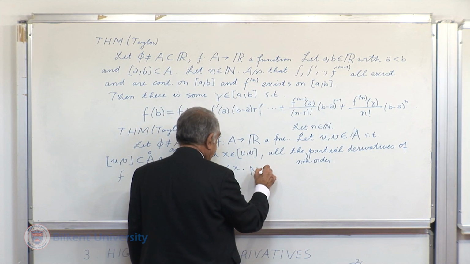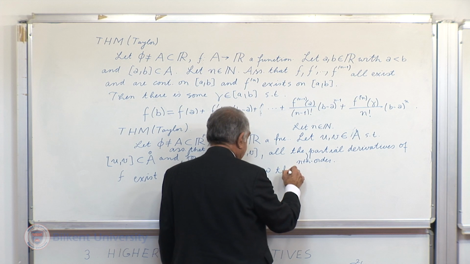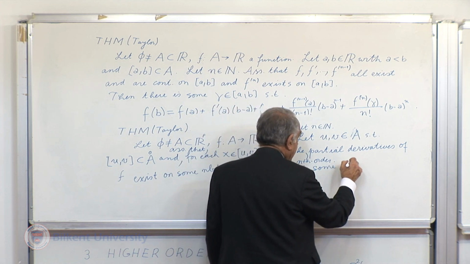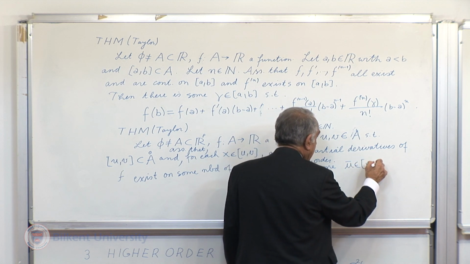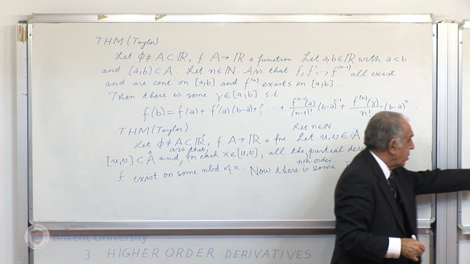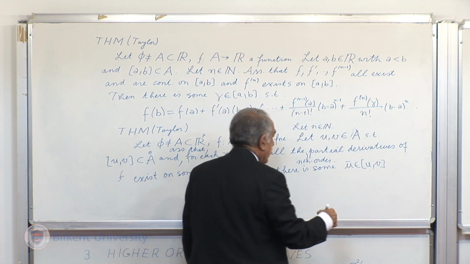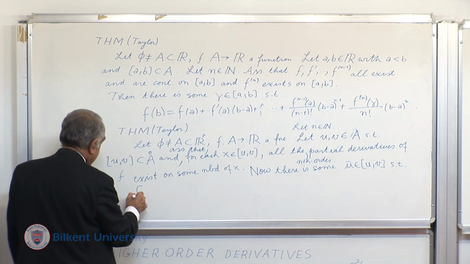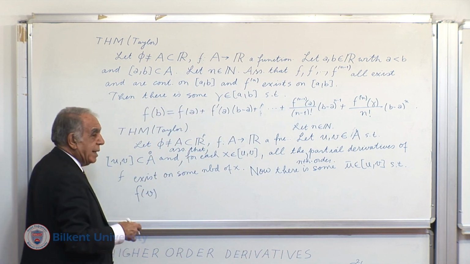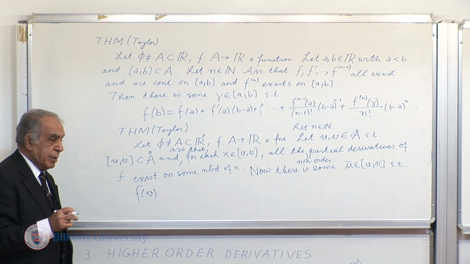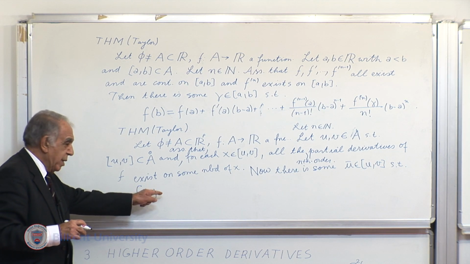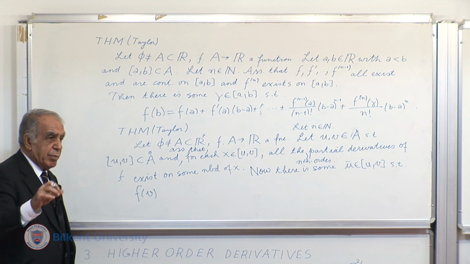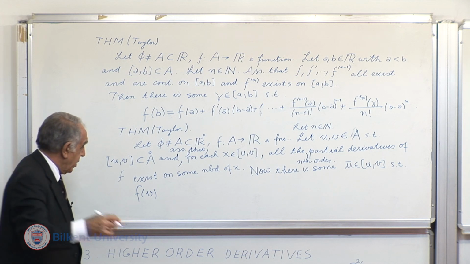Now, there is some u bar between u and v, that is on this segment, such that f of v now can be expressed in terms of the value of f at u, its first derivative at u, at some point its second derivative, and so on.